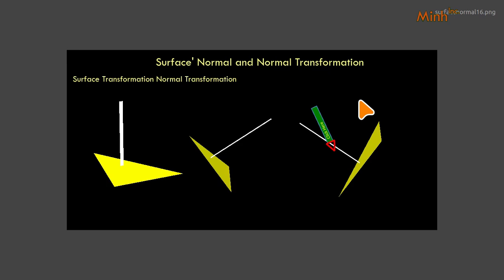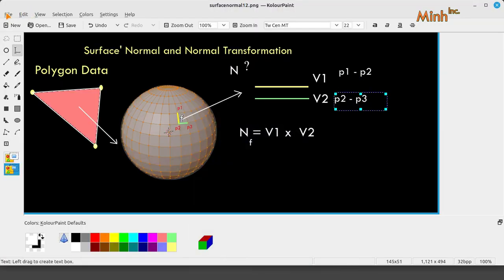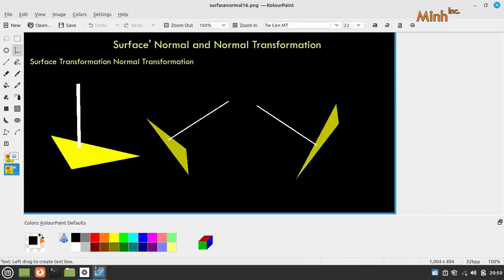Now the question is, if this transformation is X, meaning the surface transformation, and this transformation is Y, then what is Y?